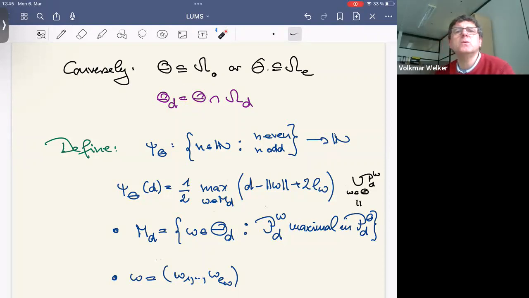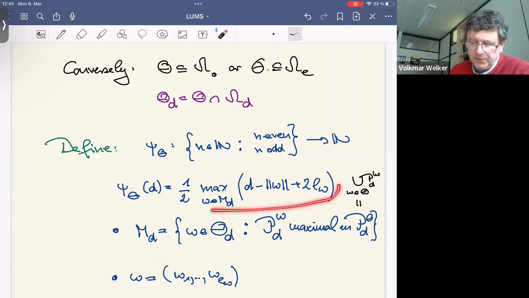we need a few technical functions, some psi that assigns to a set of root multiplicities a certain number, depending on the maximum, go over a set MD. That is the maximal root, the maximal omega in this set, and then this expression here, where L of omega is essentially the number of parts of this root multiplicity.